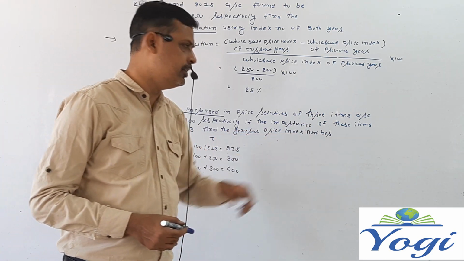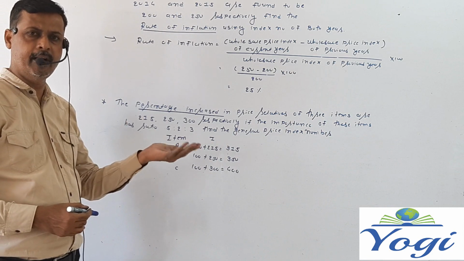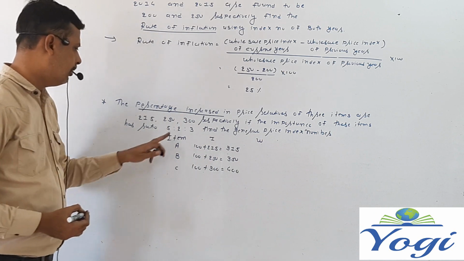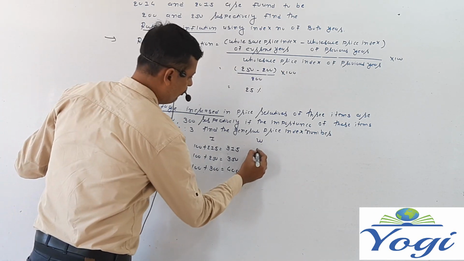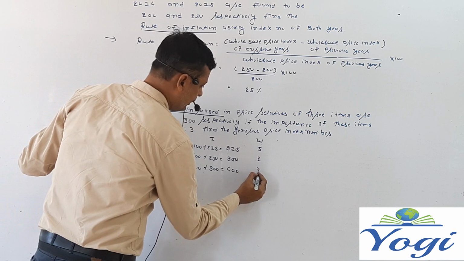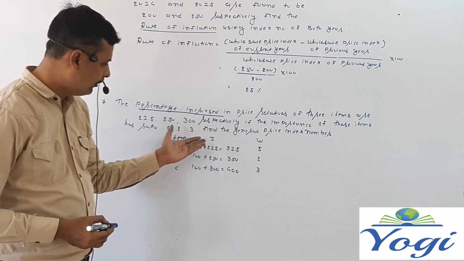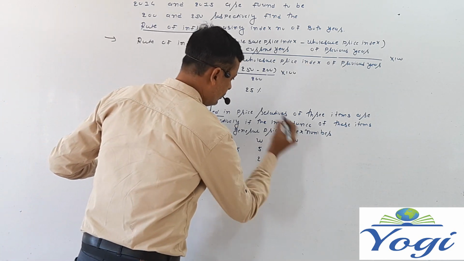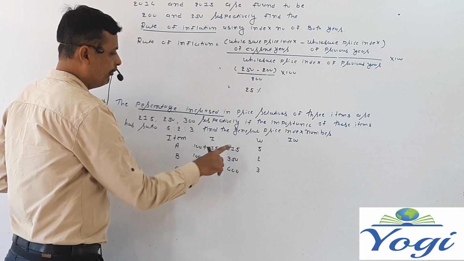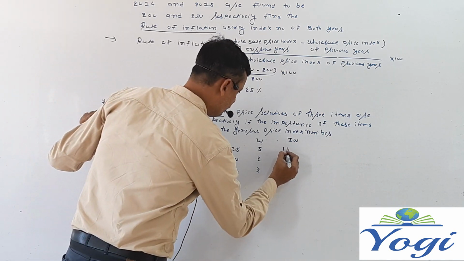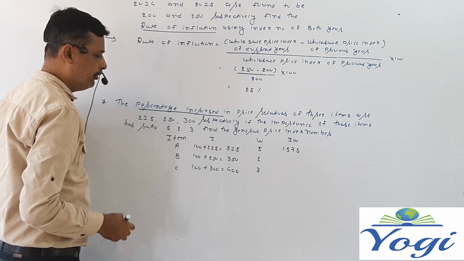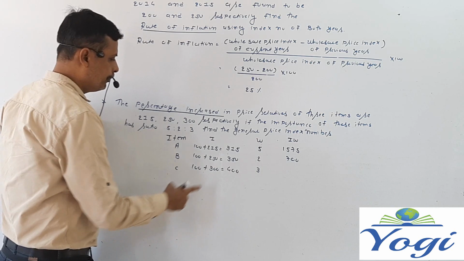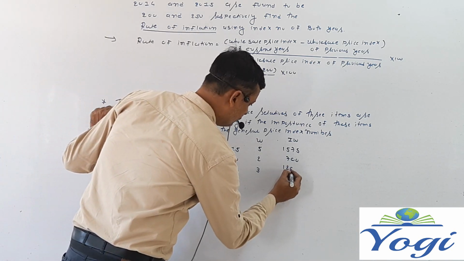The importance of these items means weightage of the three items A, B and C. So weightage is 5:2:3. Now we have the value of I as well as W. So I into W: 315 multiplied by 5, 1575. 350 multiplied by 2, 700. 400 into 3 becomes 1200.